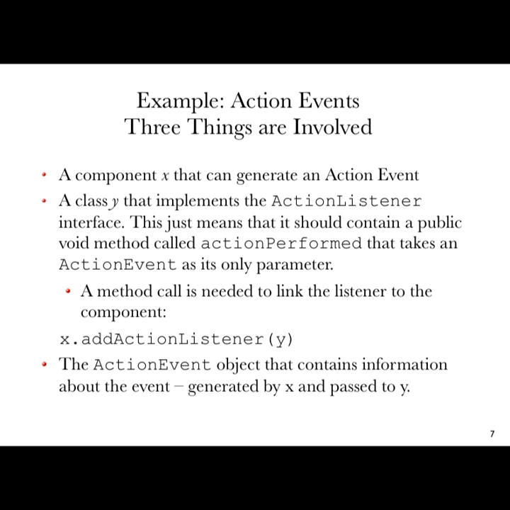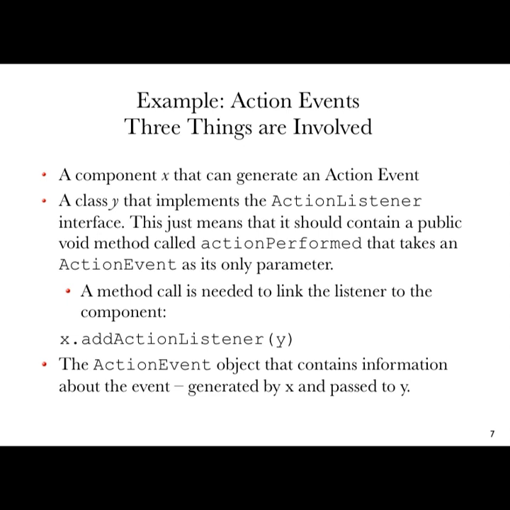So a component, by its nature, by how it's been coded, will generate certain kinds of action events. A button will generate an event when it's clicked, and that's the semantic abstraction we're talking about. Associated with that will be a second class, which is a description of what you do when that event has happened.